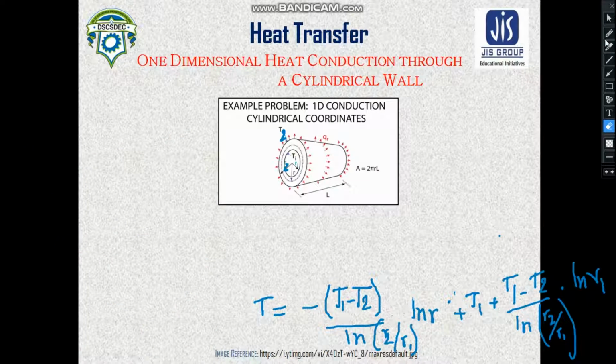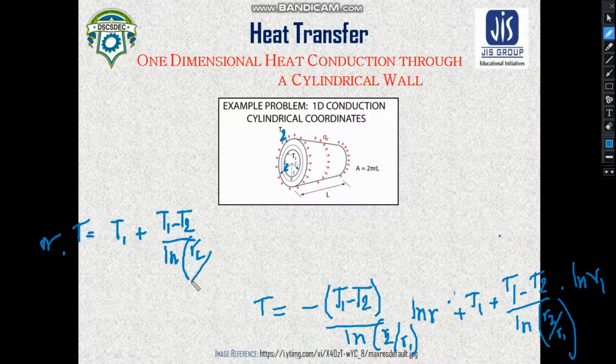Since you can see that this T1 minus T2 term is common for these cases, we can write T is equal to T1 plus (T1 minus T2) divided by ln of R2 divided by R1, and here we can take this term common.